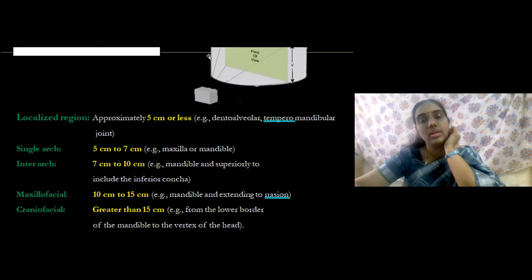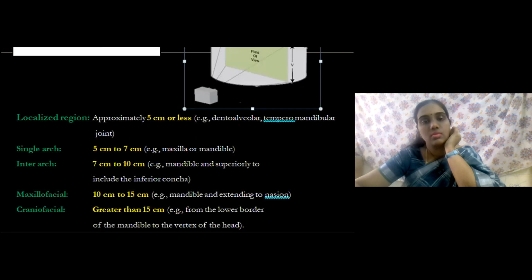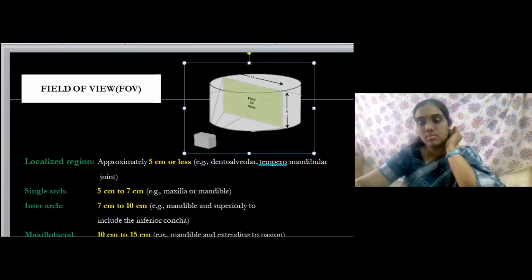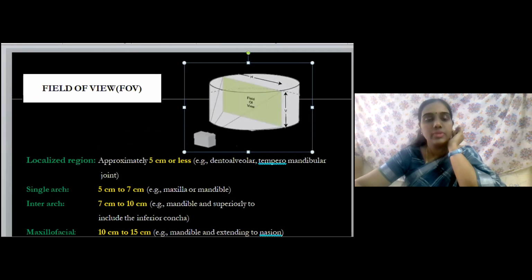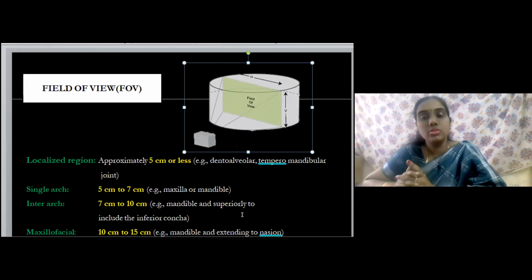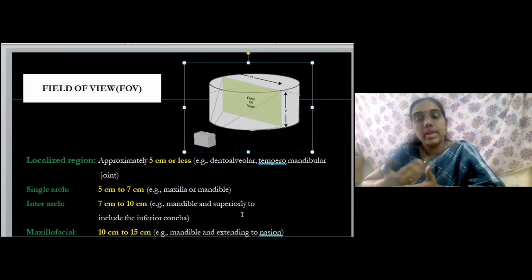Next, coming to the field of view. Field of view is nothing but the volume which we are going to radiate the patient. So whether it is a small field of view where you need only one tooth to be exposed, or you need multiple teeth in the same arch, or both the arches, or it is a full facial, depends upon the need of the patient and what pathology you're going to diagnose.